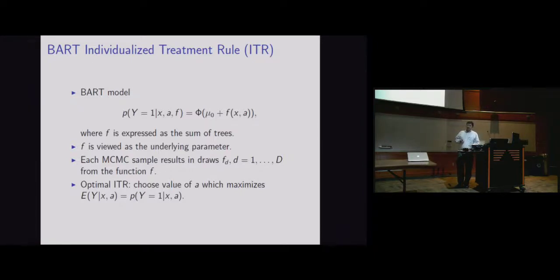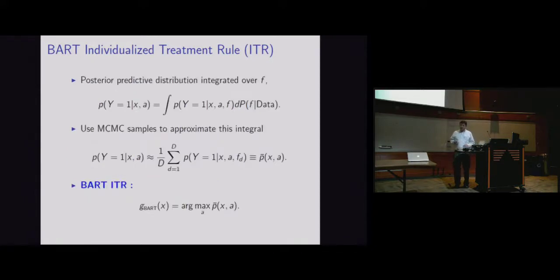So an optimal ITR, again, is the one where you choose the treatment, the value of A, that maximizes this expected value of Y given X and A, or the probability. So how do we do that? Well, we are going to use the posterior predictive distribution integrated over the posterior distribution of our function f, given the data.